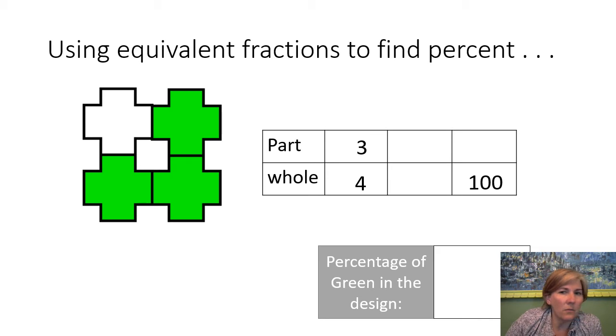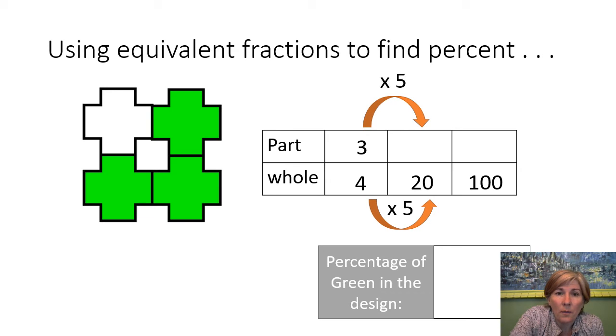So instead of going directly to 100, I'm going to actually multiply this by 5 because I find that easier. So I'm going to go 4 times 5, that gives me 20. And what I do on the bottom, I also have to do on the top to keep that fraction equal, to make it an equivalent fraction. So I'm going to go on the top, I'm going to also times by 5, and I know that 3 times 5 is 15.